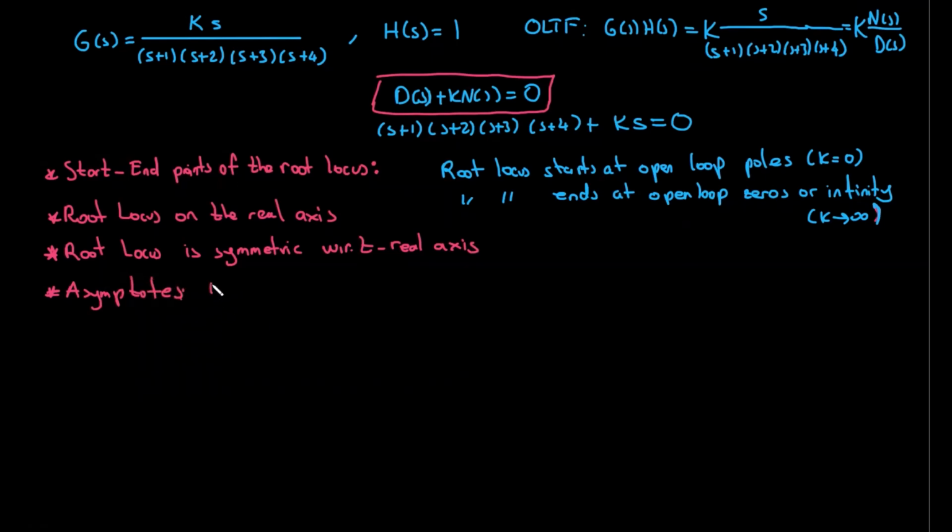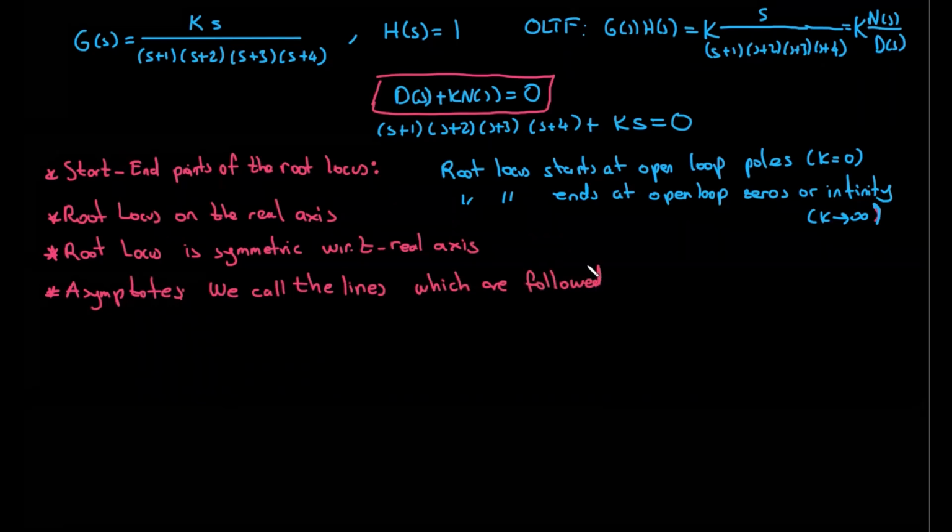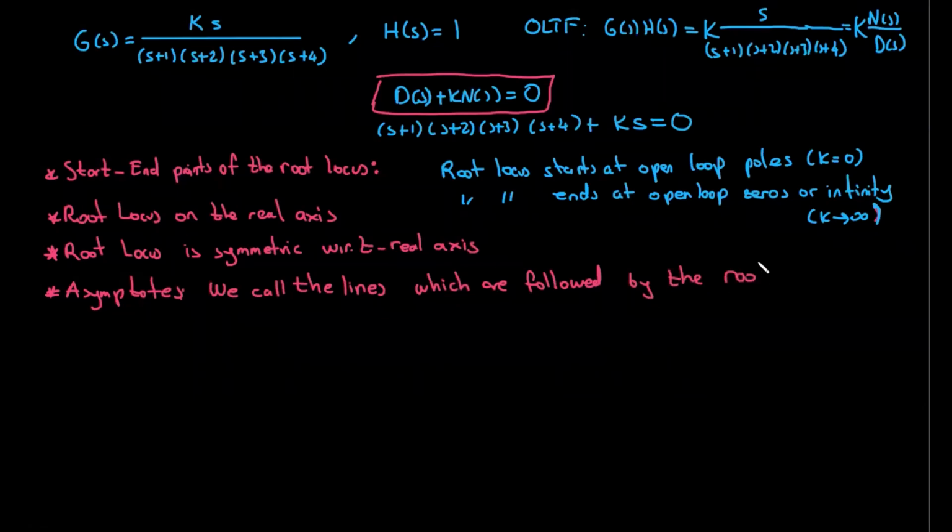We call the lines which are followed by the root locus as k goes to infinity asymptotes.